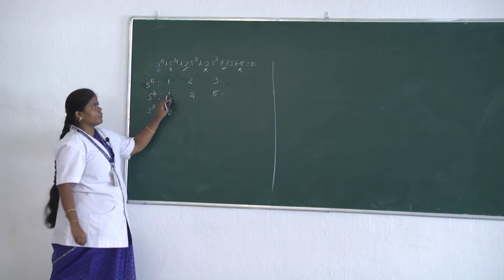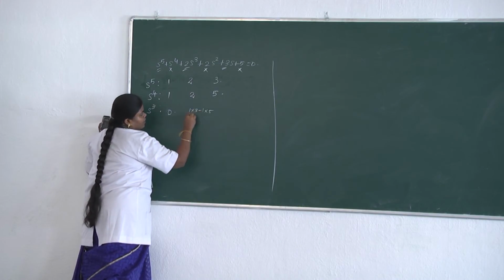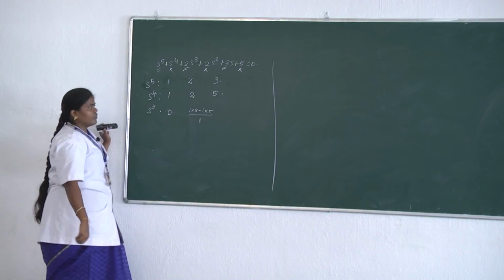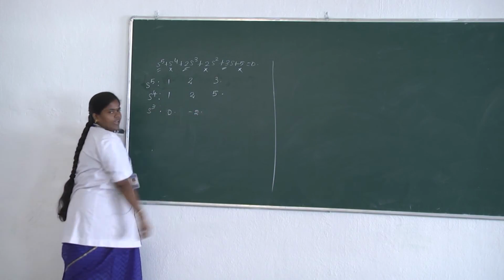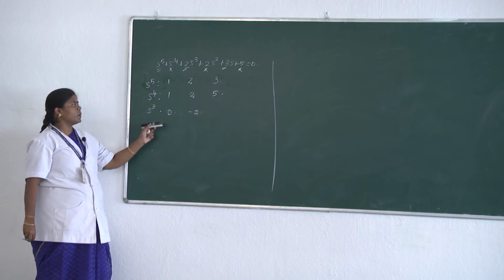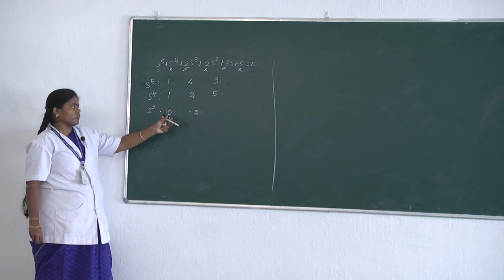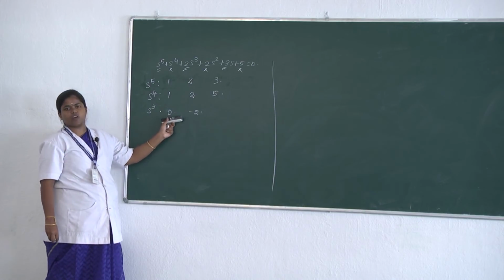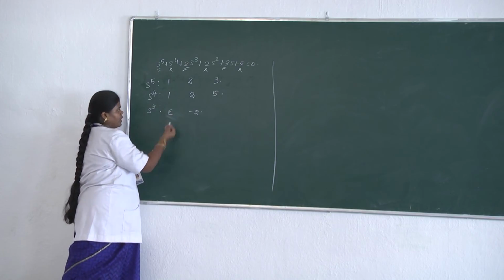And the next element will be 1 into 3 minus 1 into 5 divided by 1, which again leads to the value minus 2. If we proceed with this 0, it leads to complexity. So we are going to consider this element 0 as some other constant epsilon and proceed.